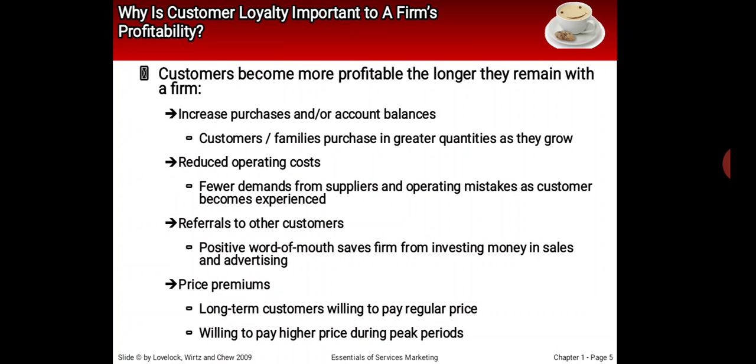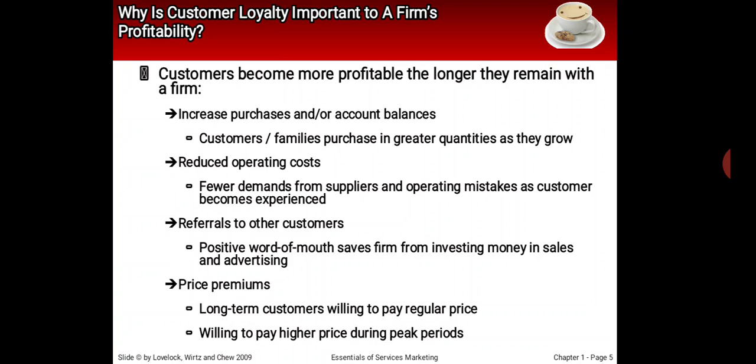Why is customer loyalty important to a firm's profitability? What is the impact of customer loyalty on the profitability of business, right? This PPT suggests this thing: customers become more profitable the longer they remain with a firm. If any customer remains with the firm for a longer period of time, for 15 years, for 20 years, then it generates huge profit for the firm.